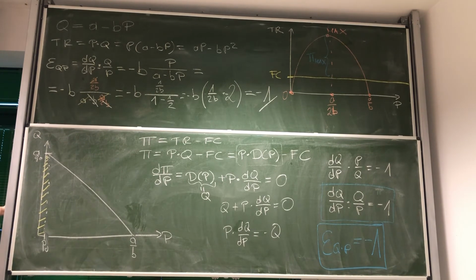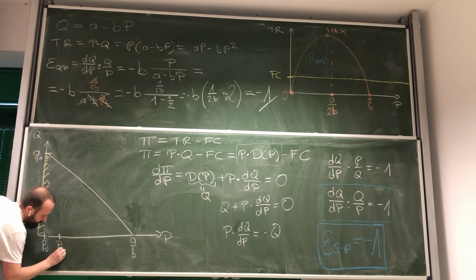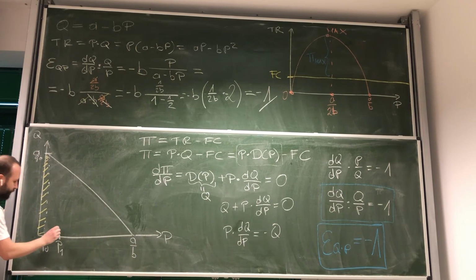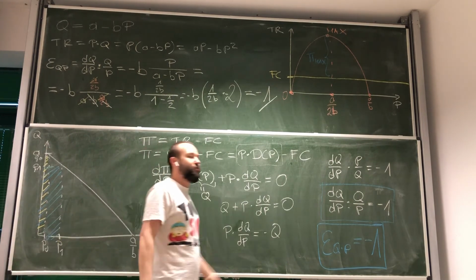Now, let's see what happens if I increase the price to some P1. Well, we will be able to sell fewer units, some Q1, but at a higher price. So look, our new total revenue is way, way bigger. Because when price is very low, increasing the price is a good idea because the percentage increase in quantity is bigger than the percentage increase in price.